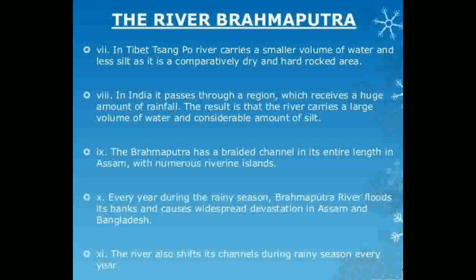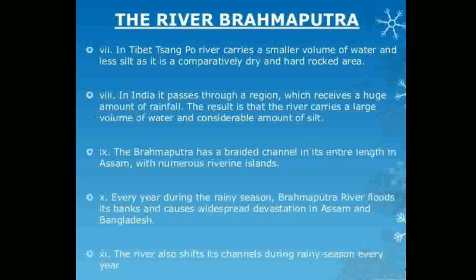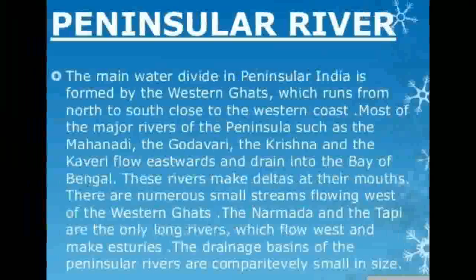Because of floods, it causes heavy and widespread devastation in Assam as well as in Bangladesh. It also shifts its channels during the rainy season, changing its path every single year, particularly in certain parts of the northeastern states.